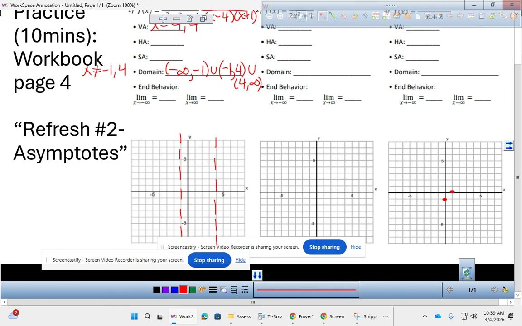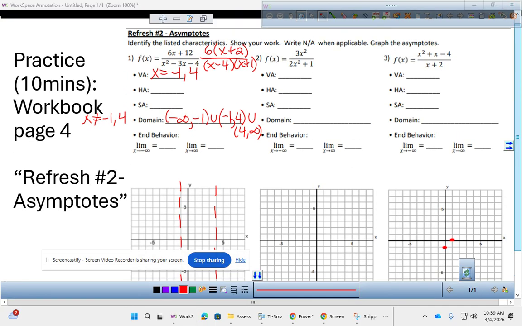All right. Find the horizontal asymptote or slant. Yesterday we talked about how we get one or the other. Find the horizontal asymptote or the slant by doing the highest power in the numerator divided by the highest power in the denominator. So for this problem, the highest power in the numerator divided by the highest power in the denominator is 6x over x squared.